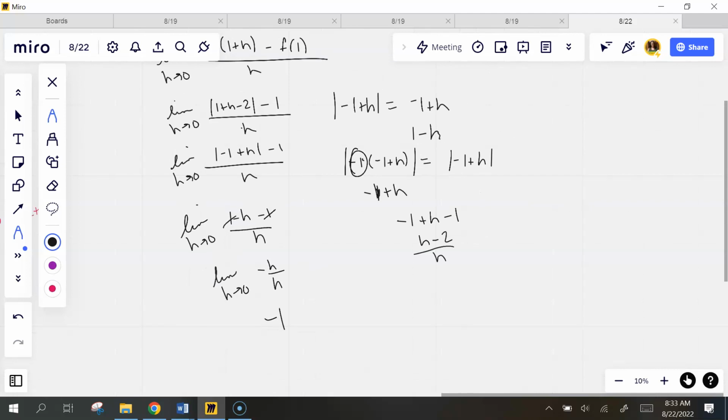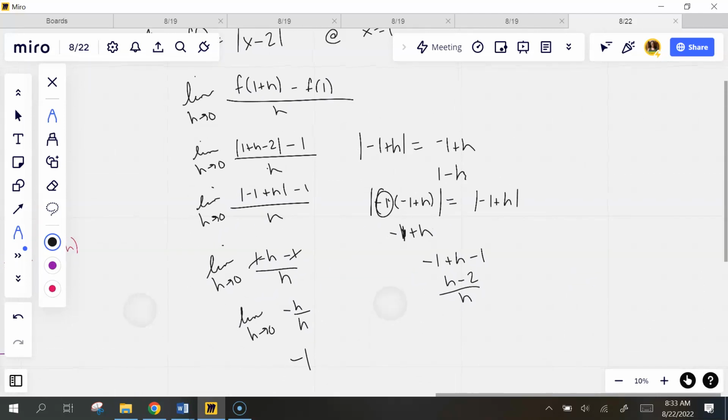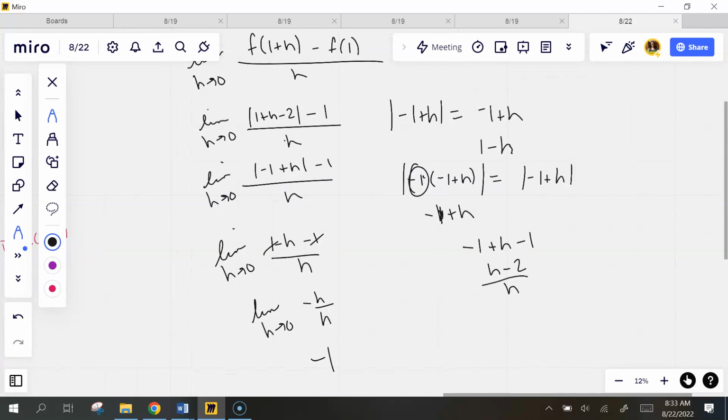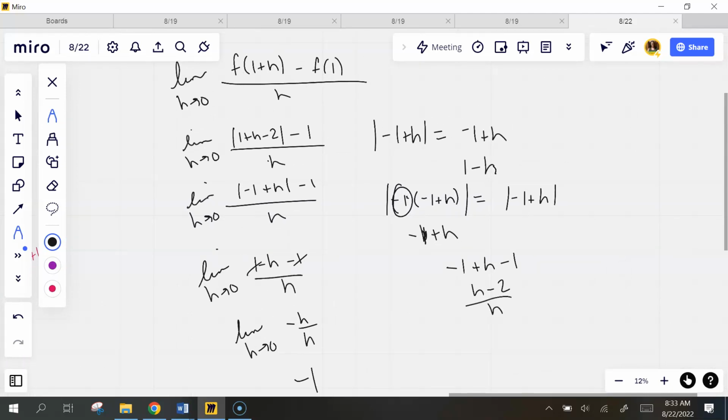Yes. Did you get the right answer? Did you get the same thing? X plus 2. Mm-hmm. So that's kind of what we did right here, where I said you could do that -1, and it's this.